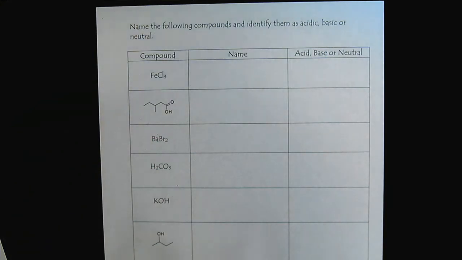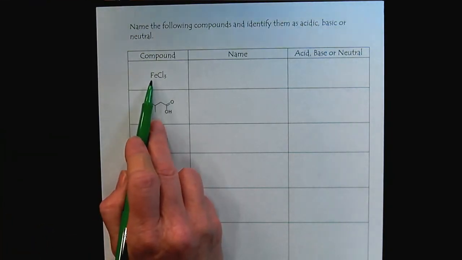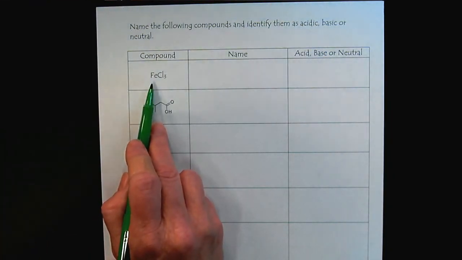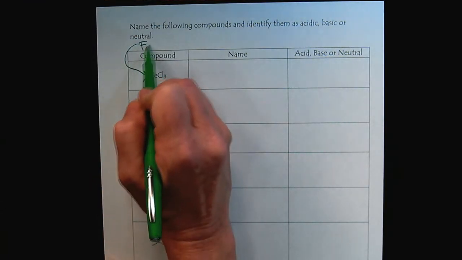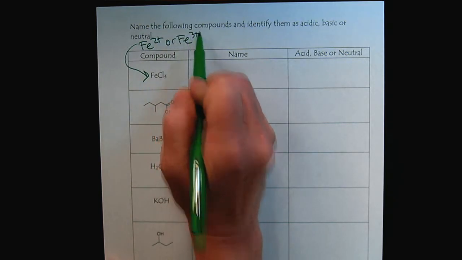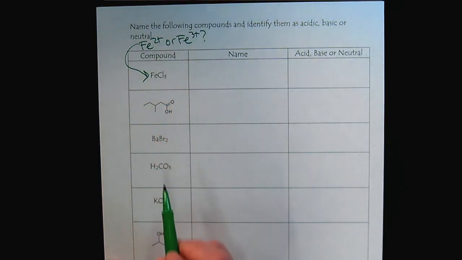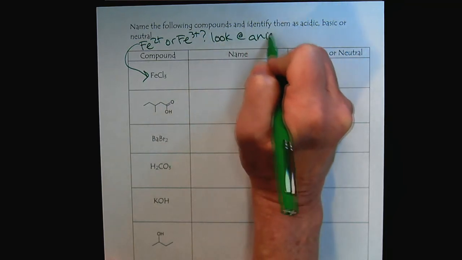Alrighty. So when we look at this first compound, iron, we recognize iron is variable charge, right? So we don't know, is this iron 2+ or iron 3+? We don't know. How do we answer that? We look at the anion.